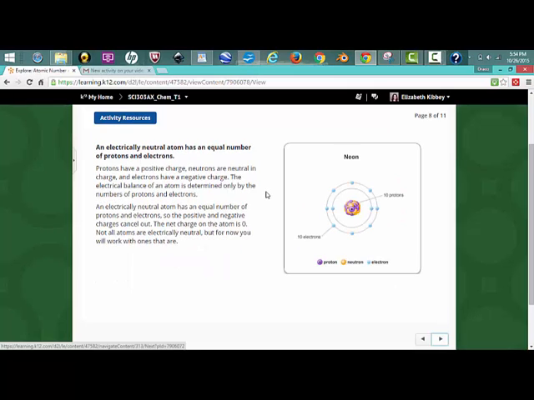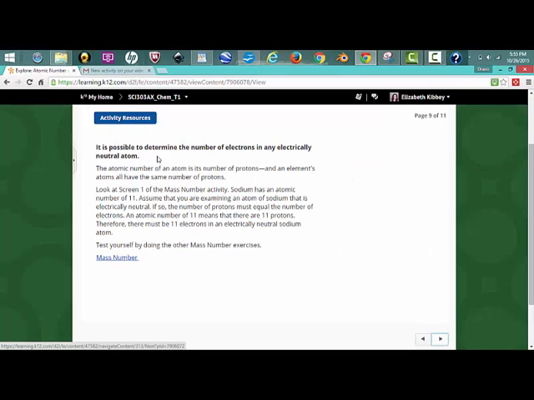An electrically neutral atom has an equal number of protons and electrons. So looking at neon, we can see that there are 10 protons, which means there are 10 electrons. It is possible to determine the number of electrons in any electrically neutral atom.